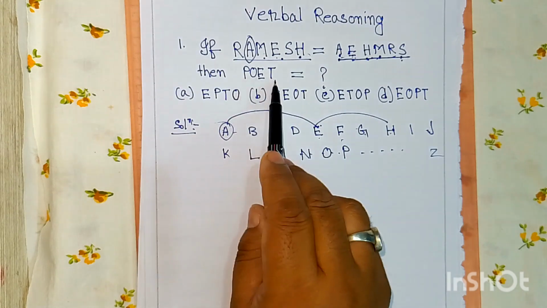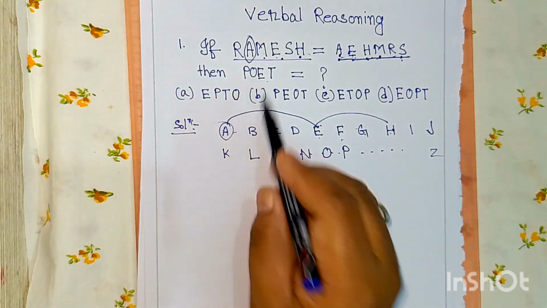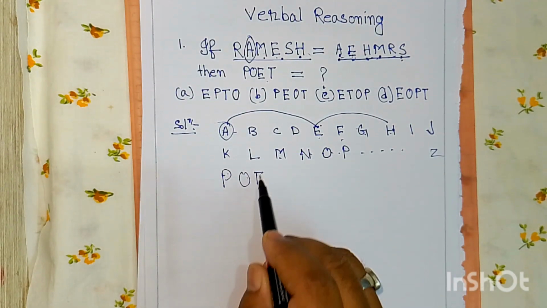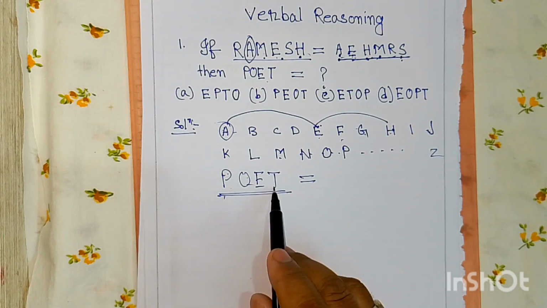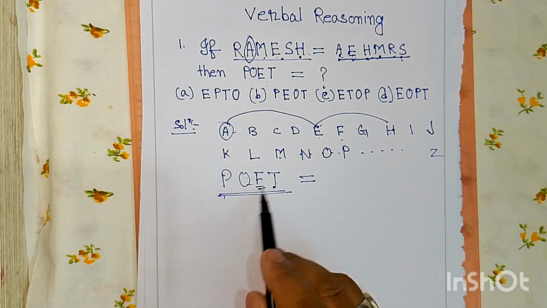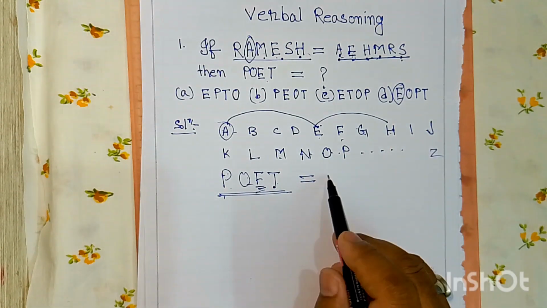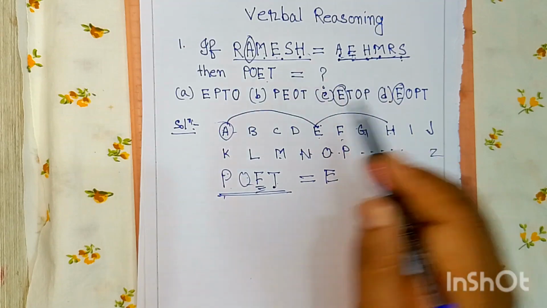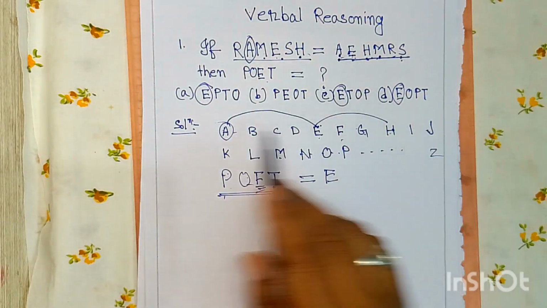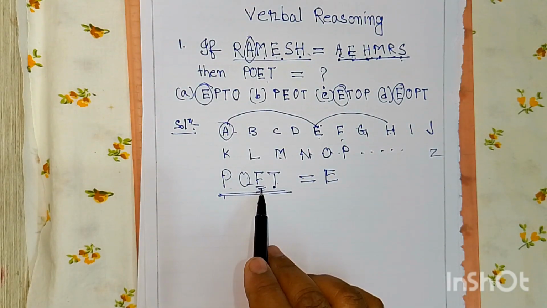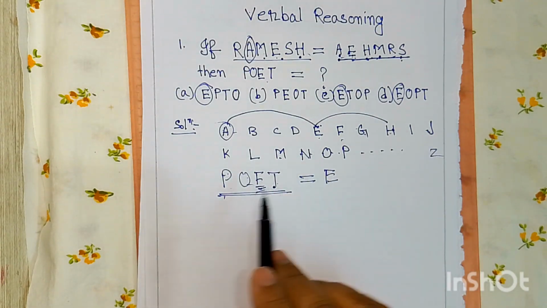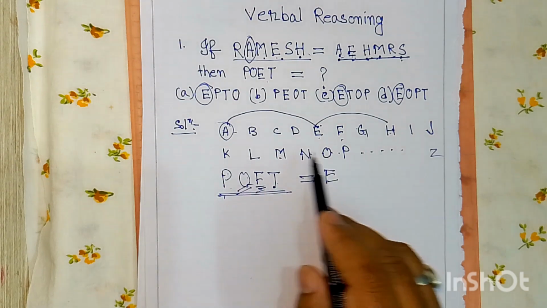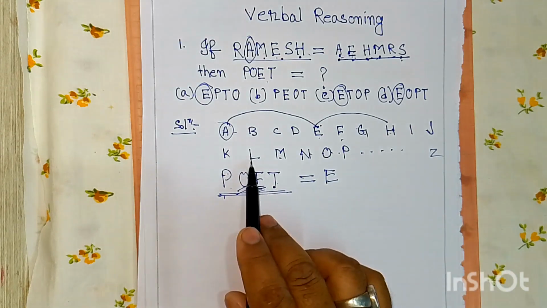So the word POET is not in alphabetical order. If we bring it into alphabetical order, E is the first alphabet. Then after E, in dictionary order, we get O. Other alphabets are not here.